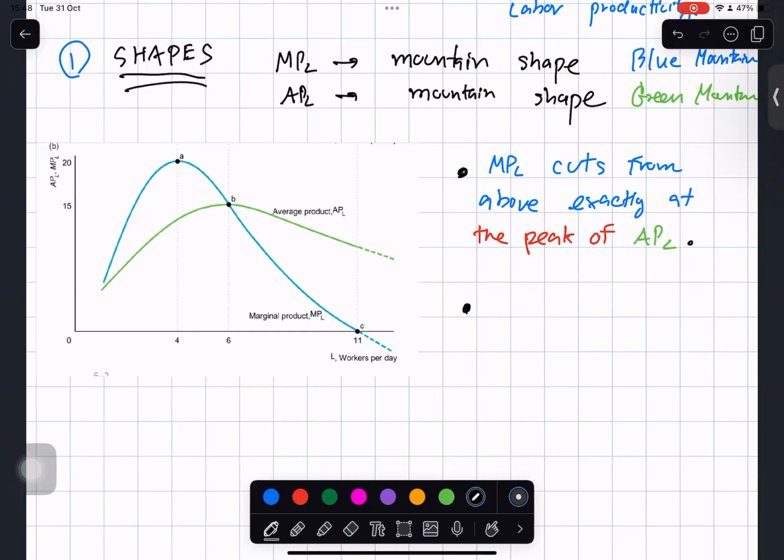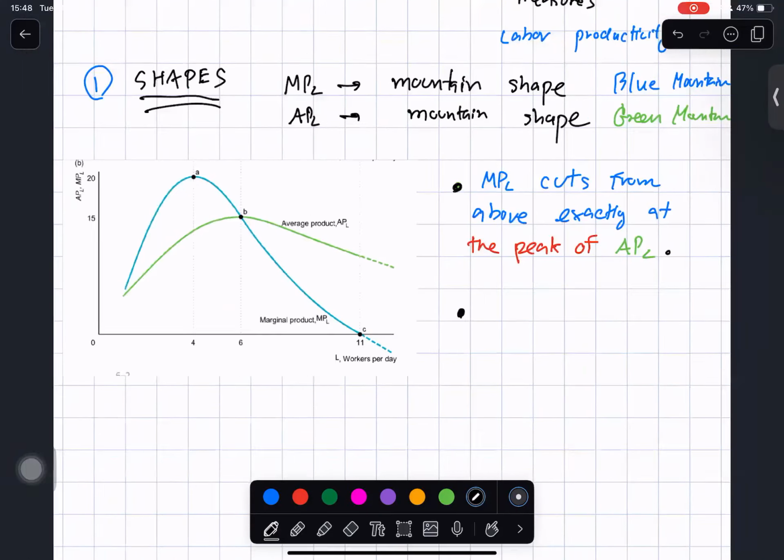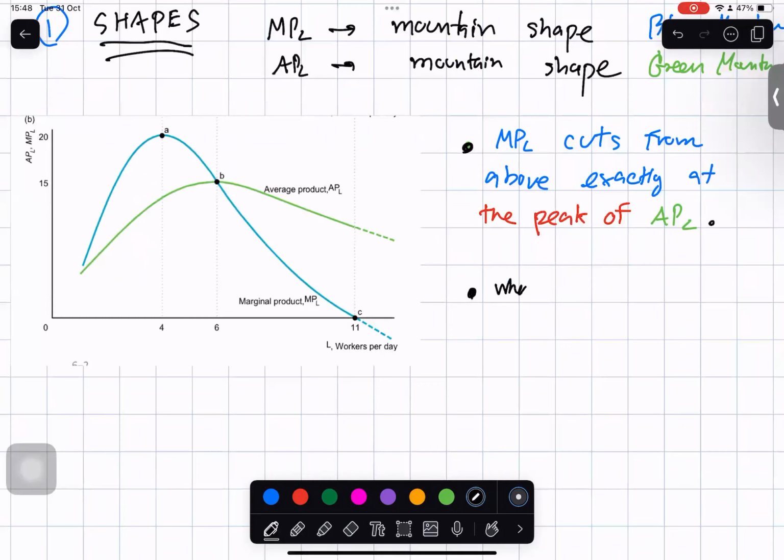The blue mountain is taller than the green. So when we use less than 6, more than 0, the marginal product mountain, MP, is higher than APL.